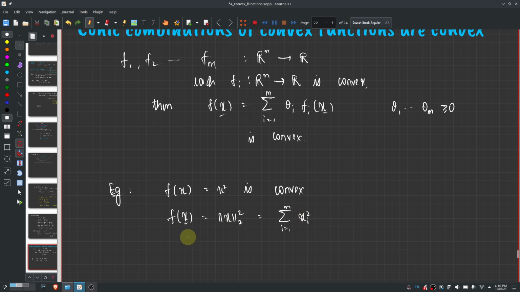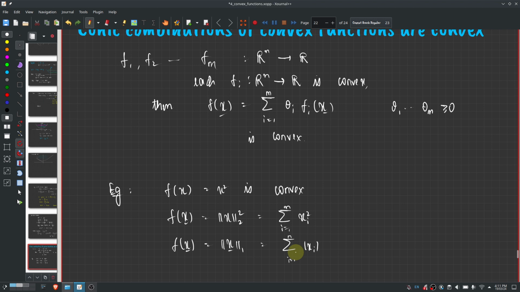Similarly, the 1-norm, which is again a sum from i equal to 1 to n of mod xi, is also a convex function.